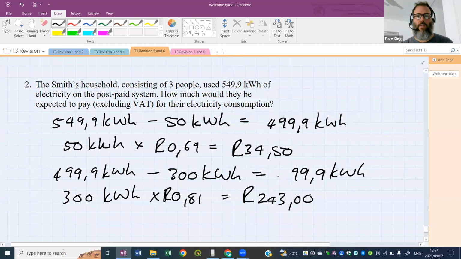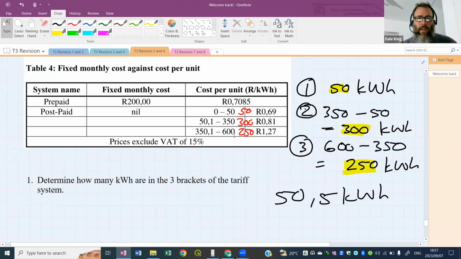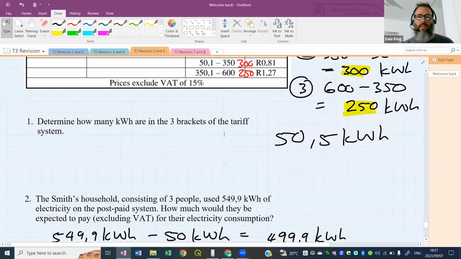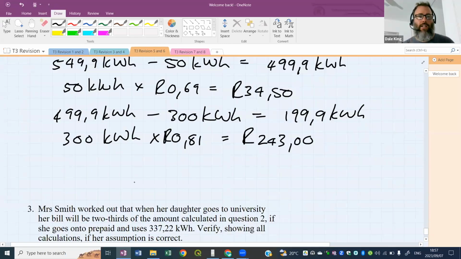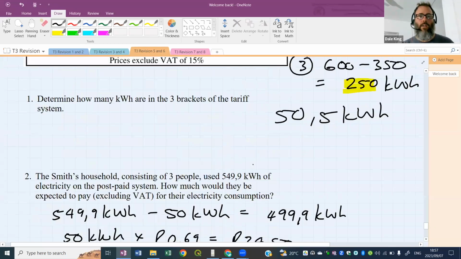All right. So there we go. So that's 199. I've got 199 left, and I'm not going to go through the last bracket with 199. I'm going to get stuck in there somewhere. So every kilowatt hour in there is charged at 1 rand 27. I've got 199 of them, so I don't need to do a subtraction sum anymore. This is all I have left, and I'm stuck in the last bracket, which charges at 1 rand 27.